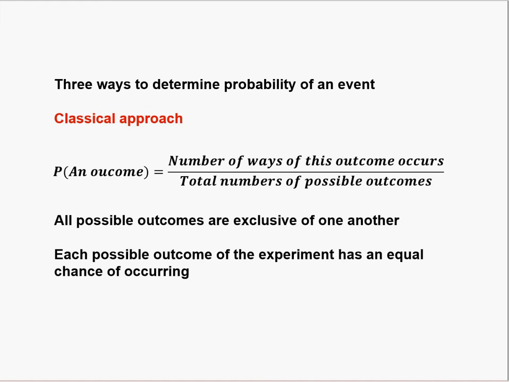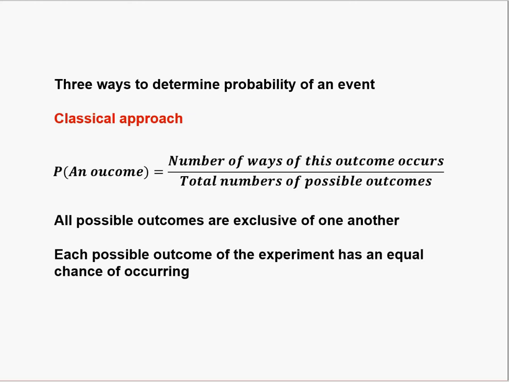We have this expression, P parentheses an outcome. This is a way to say the probability for a particular outcome to occur. And this is calculated by the number of ways a particular outcome occurs divided by the total possible number of outcomes that may come out from an experiment.